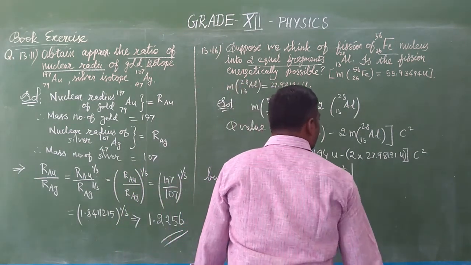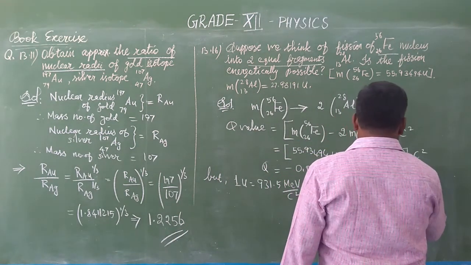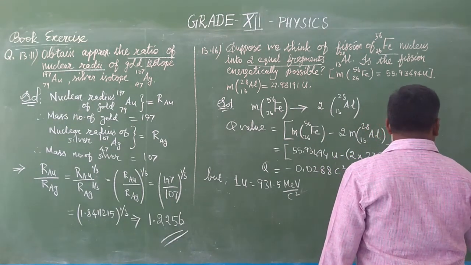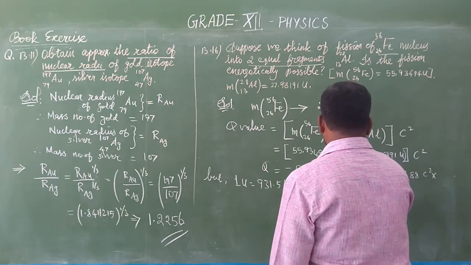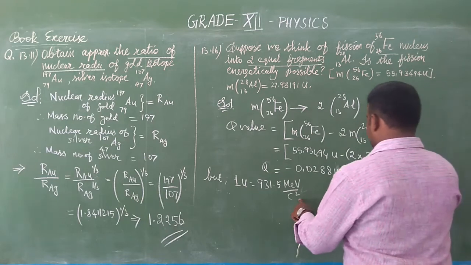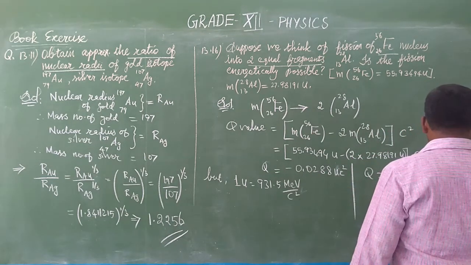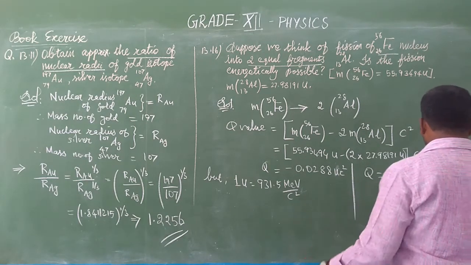Therefore, the Q value is equal to minus 0.0288 c square into u, no? Yes, we forgot the unit. So into what is the unit? 1 u is equal to 931.5 mega electron volt by c square. So both cancel away.